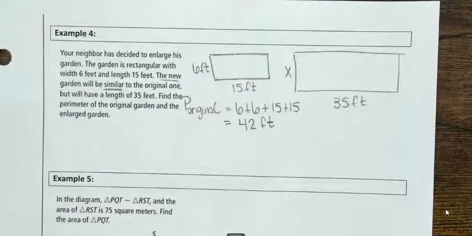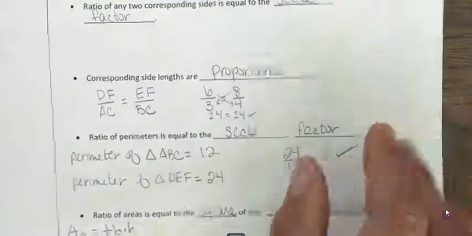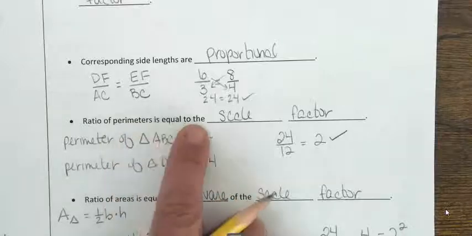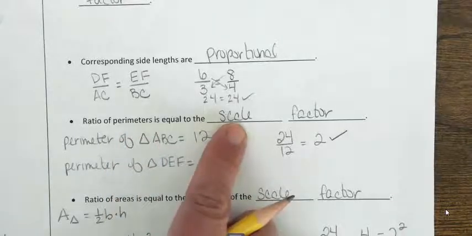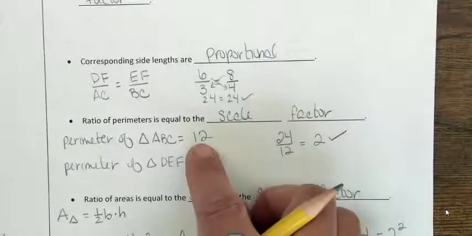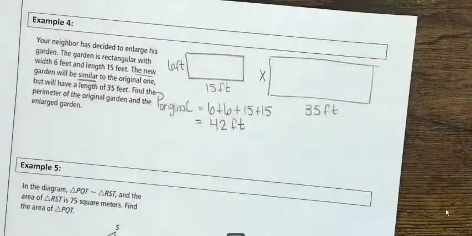Now we took some notes about perimeters of similar figures, so let's look at that. The ratios of the perimeters is going to be equal to the scale factor. So I found the perimeter of one of them. Now I need to think about the scale factor. So let's see what the scale factor would be here.